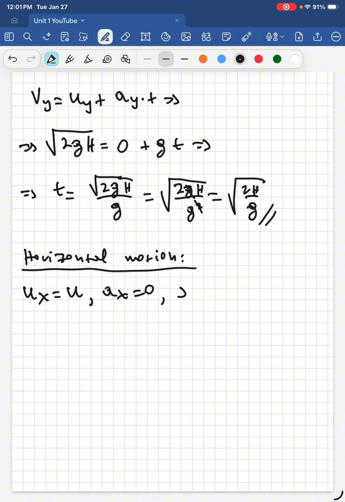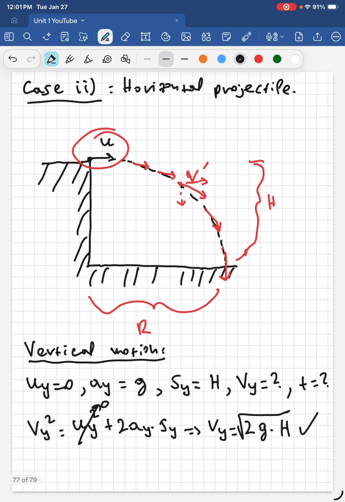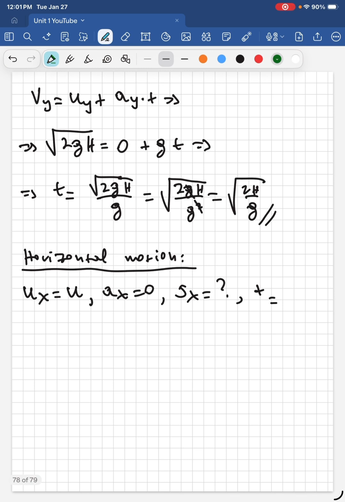We want to know the range, the distance traveled, the displacement in the x direction, but we now know the time as well, the time needed for the projectile to go from this position that I mark here with green to this position that I also mark with green, okay? And this is the range. The time needed to do this is given by the square root of 2h over g.